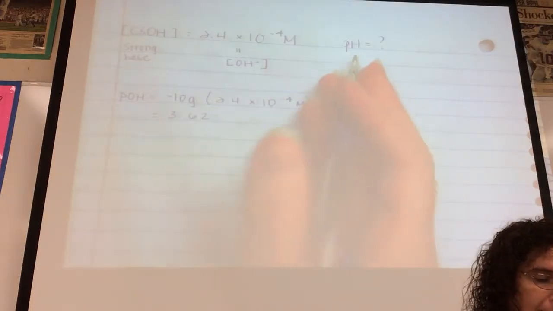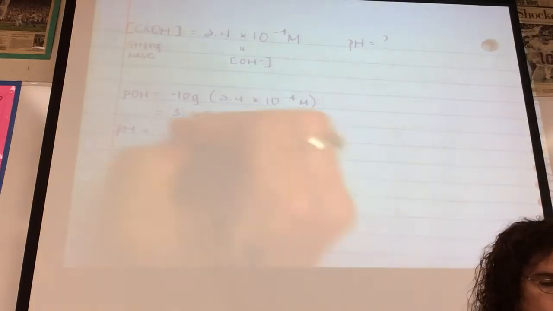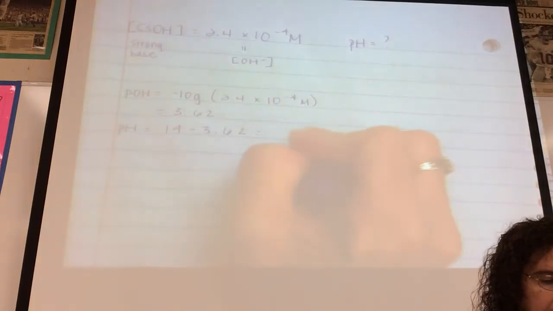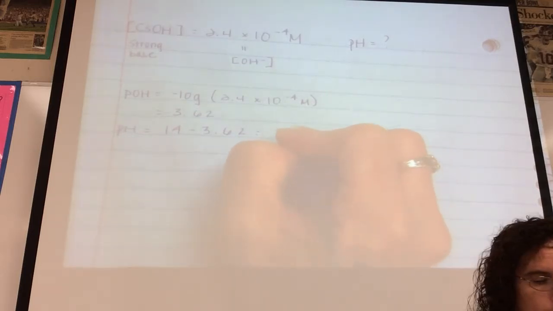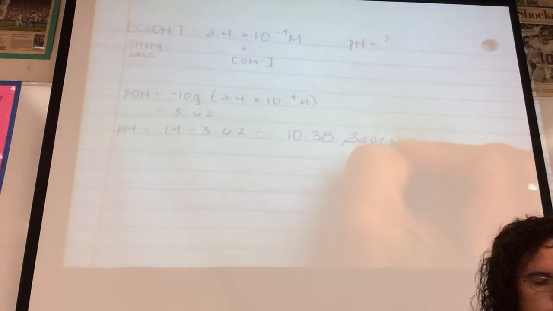But they asked for the pH. So how do I get the pH? Subtract that from 14, 14 minus this, and that's 10.38. Why is this solution basic? Greater than 7.